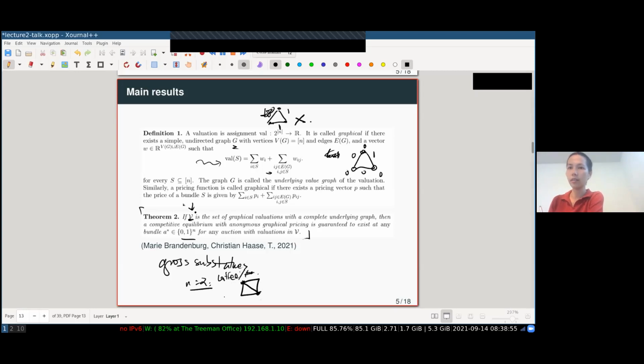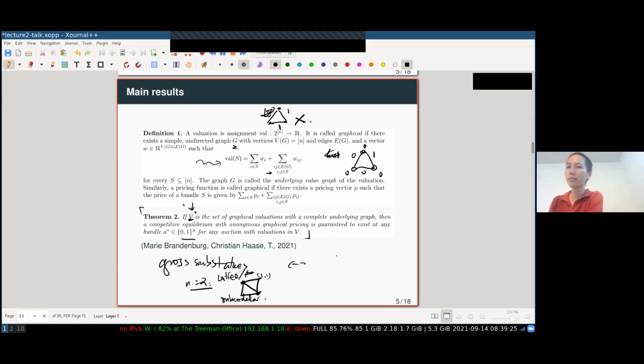For n equals 2, these happen to coincide with the class of submodular functions. In other words, having 1 1 is not as good as having coffee plus tea. The two items substitute for each other.